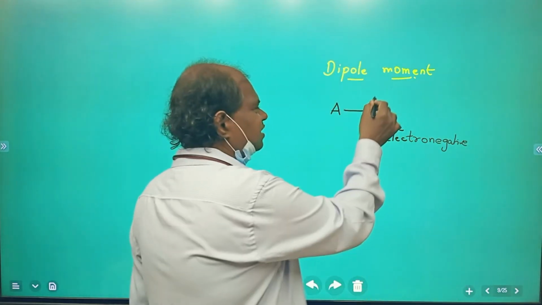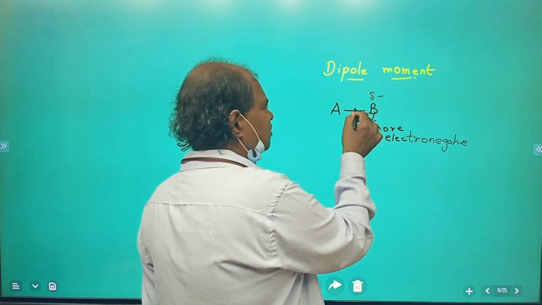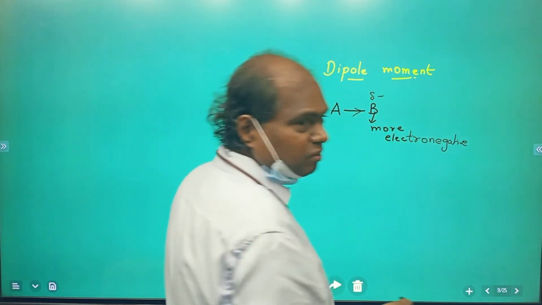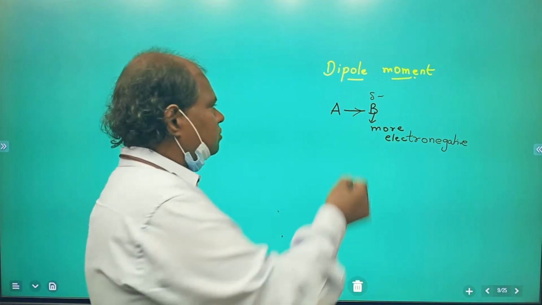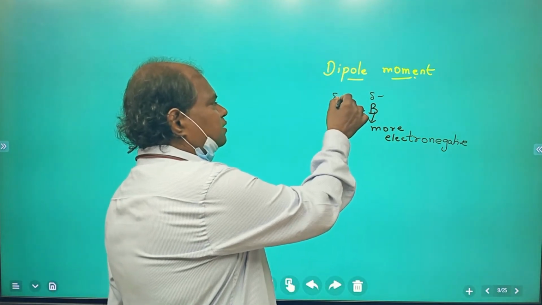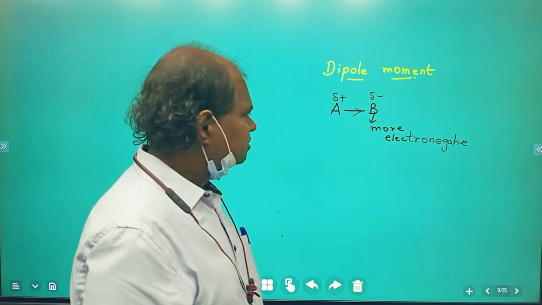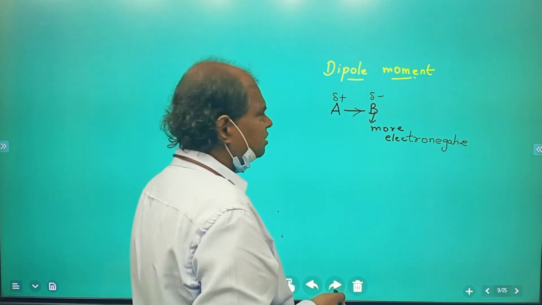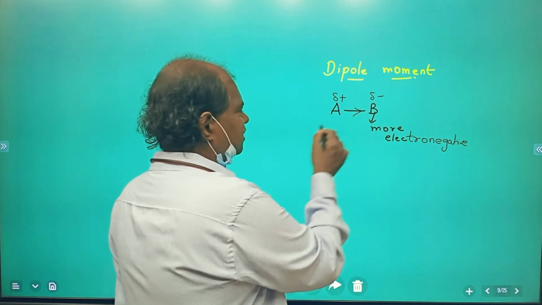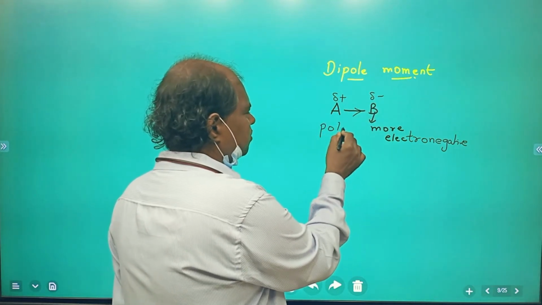Then B will get a slight negative sign, right? Why? Because electrons will go towards B. All the electrons will shift towards B, and A will get a slight plus sign. Electrons will be shared more with B, so then we have plus minus. Plus minus means this molecule is polar.